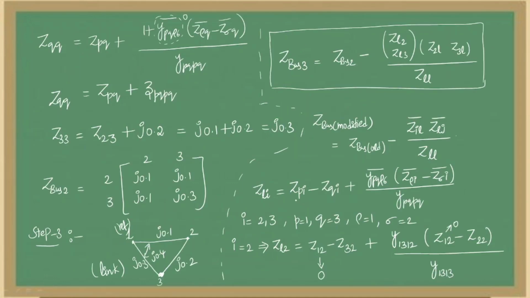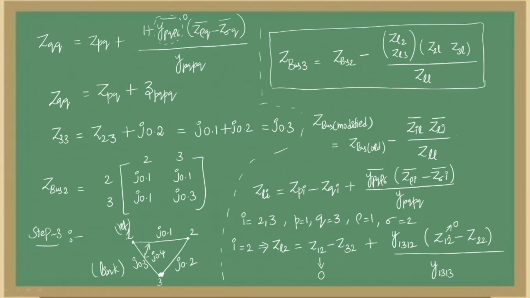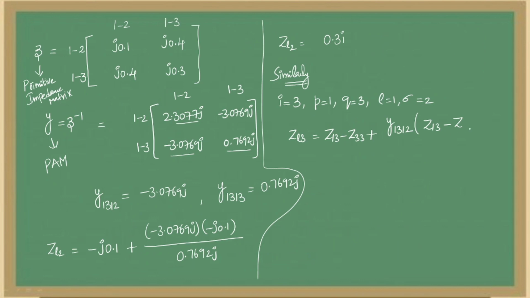Z13 minus Z33, plus y1312 multiplied with z13 minus z23, divided by y1313.